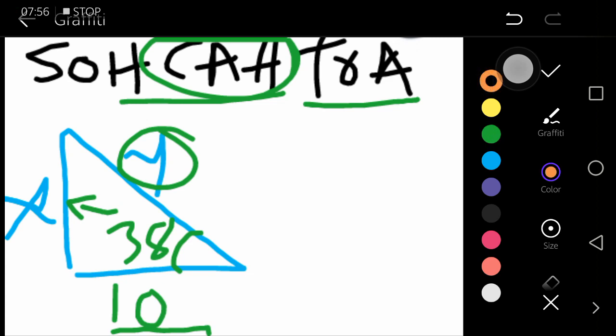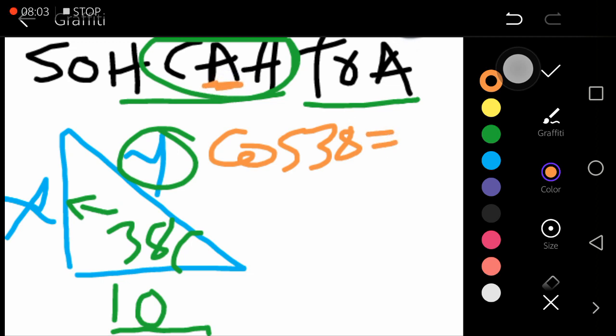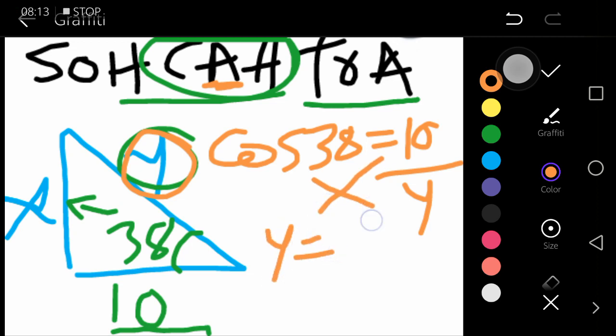So cosine 38 equals A, adjacent 10, over y. Same procedure: y equals 10 over cosine 38.